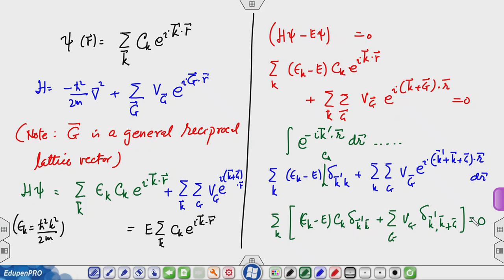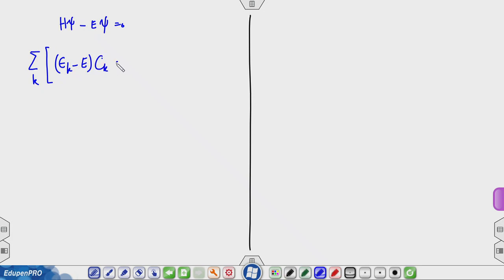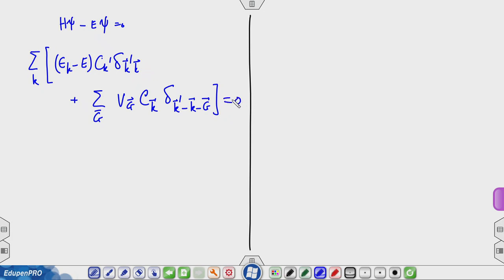So, let me write this on the next page. What you have gotten by writing h psi minus E psi equal to 0 is summation k epsilon k minus E C k delta k prime k plus summation g V g C k delta k prime minus k minus g is equal to 0.